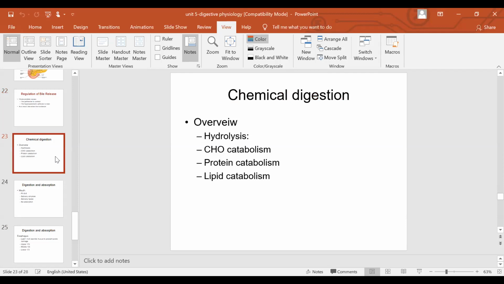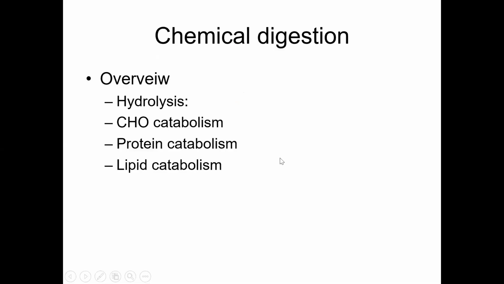In terms of physical digestion, you break down big particles into smaller ones, but the chemical properties do not change, right? But with chemical digestion, you actually change the chemical properties.